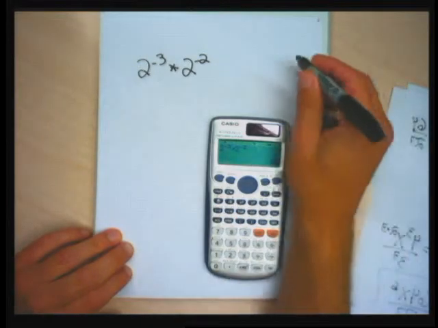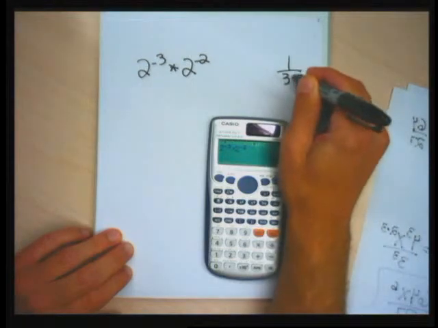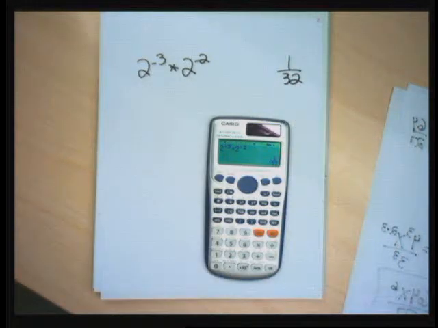I get 1 over 32. So I should be able to get 1 over 32 without using my calculator. And there's multiple ways to get there. So if you're working ahead of me on this problem and without your calculator you were able to get 1 over 32 and you use this technique different than mine, then you're completely okay. What I'm going to do to get this might be different than yours.